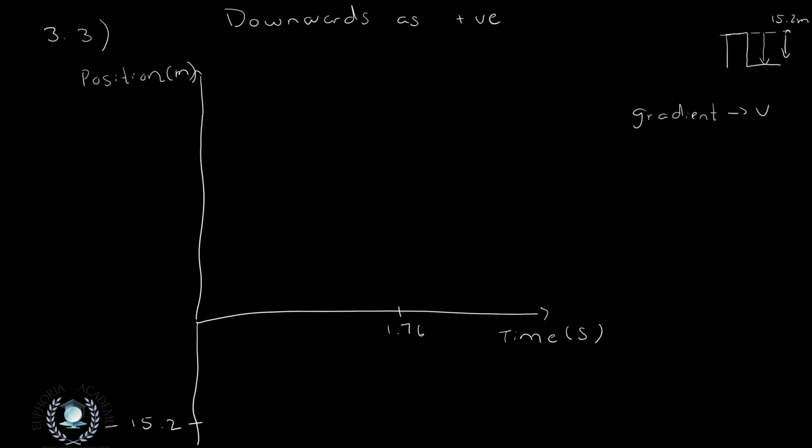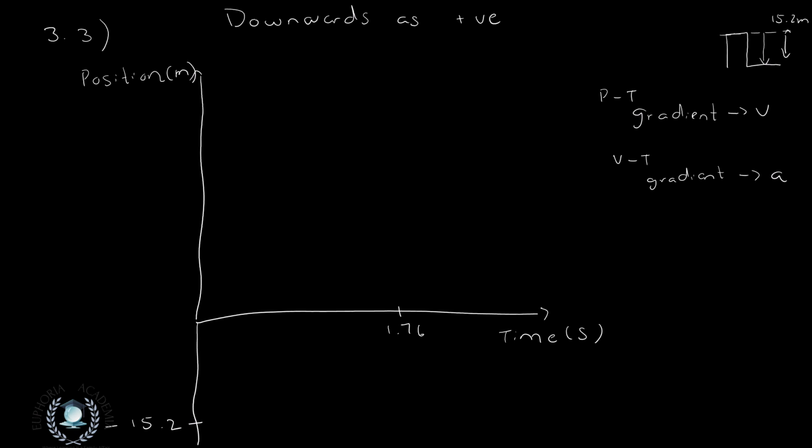Our velocity, right? This is for a position time graph, and then for a velocity time graph, the gradient is the acceleration. Okay, so in this case, our gradient, is it constant? If we have a constant gradient, we're going to have a straight line. That means the change is constant.